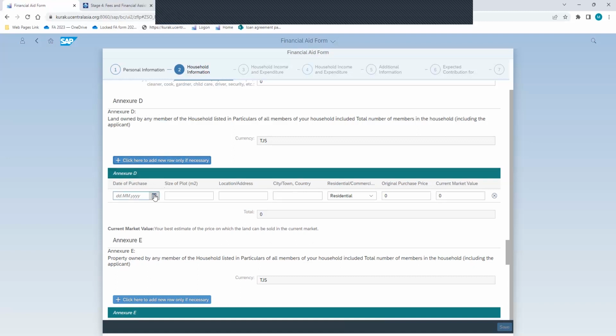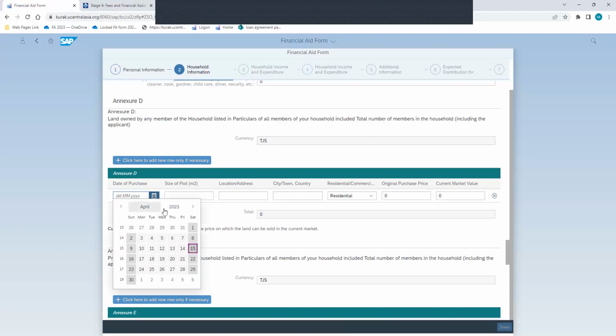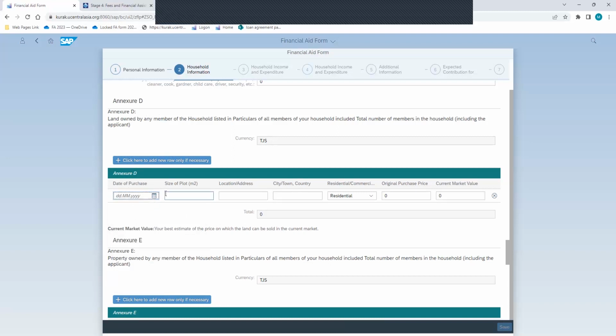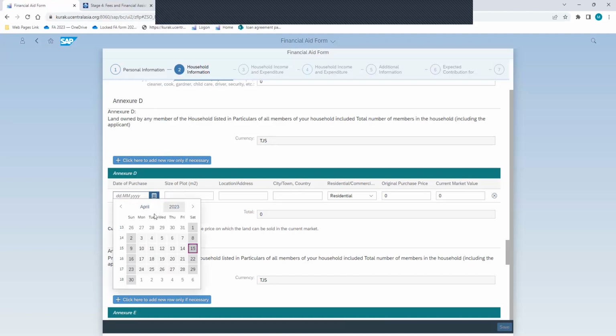If you remember in my application, I indicated that there is 200 square meters of the household, and assume that I'm entering 100 more meters. Even if it is land or a yard in front of your house, we have to indicate it. So assume it was purchased somewhere in the 90s.